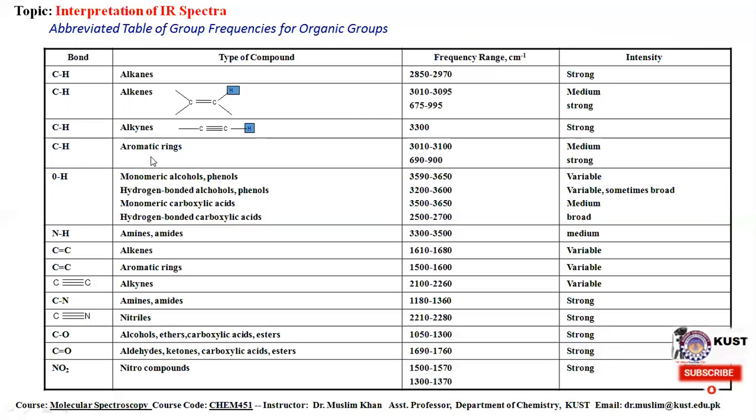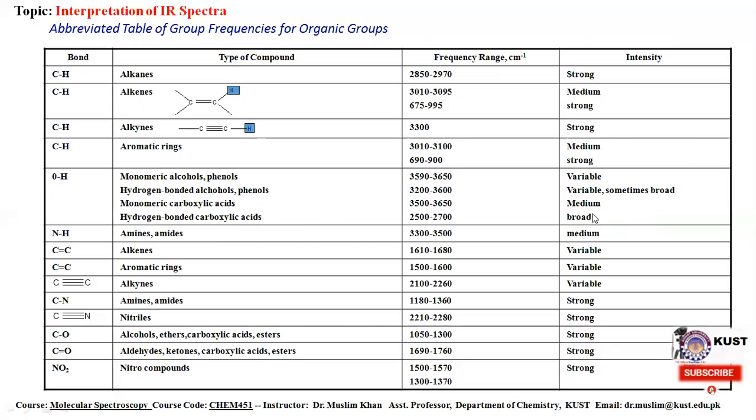Coming to the carbon-hydrogen of the aromatic ring, it shows absorption at 3010 to 3100 with medium intensity. Oxygen-hydrogen bonds, such as monomeric alcohol, phenol, hydrogen-bonded alcohol, phenol, monomeric carboxylic acid and hydrogen-bonded carboxylic acid, show absorption in this frequency range, and the intensity is variable, sometimes broad.